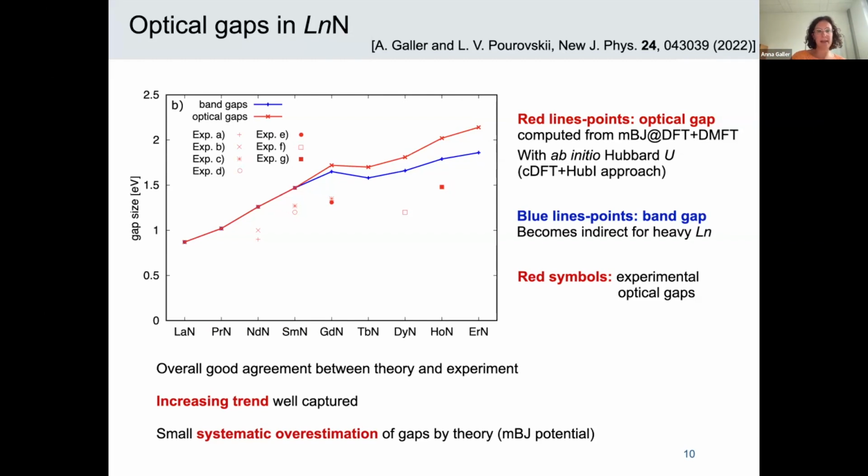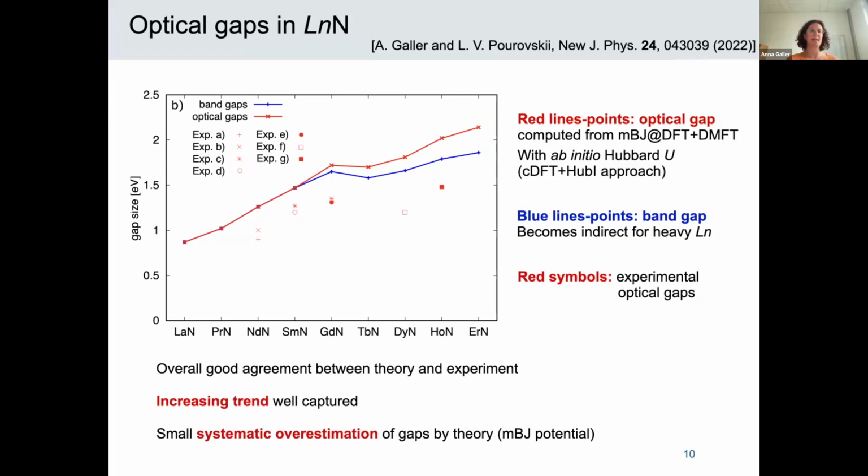And most importantly, the red data points represent experimental data from previous works. And if we now compare the experimental values to my computed ones, then we can see that the agreement is quite good, I would say. So we nicely capture this increasing trend along the rare earth nitride series, also this plateau here around gadolinium nitride and dysprosium nitride.